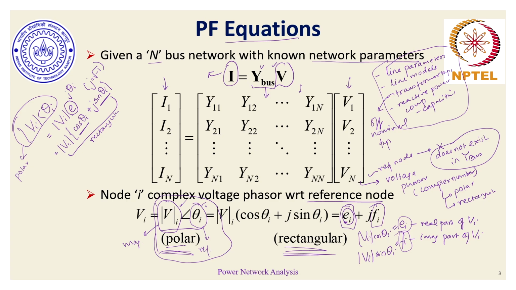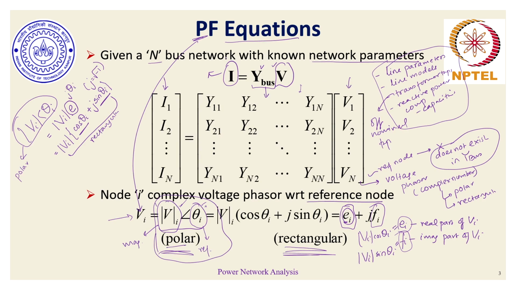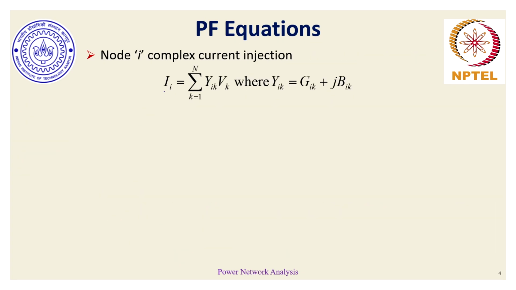Assuming that the voltage has this polar form, where magnitude and angle need not be known, the purpose of power flow is to find these unknown quantities. If we know those quantities, then we can find the currents at every bus, based on the Y bus definition. For the ith bus, the bus current, which is a complex number, actually a phasor, can be represented in terms of the corresponding Y bus elements and all n voltage phasors.